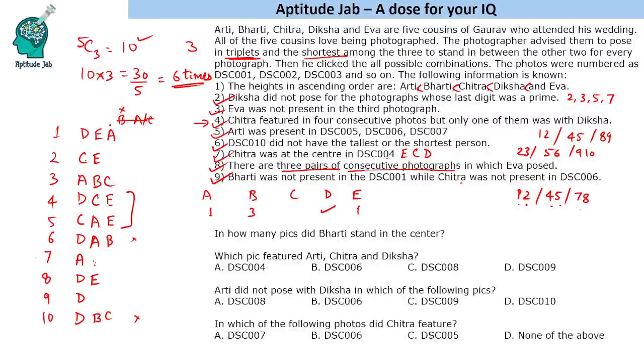Then you have C 1 2 3 4, so C has two photos left. So we have to place 7 things. Let us recheck. E has 1 2 3 4 5, one is left. A 1 2 3 4 5, one of A is left. C 1 2 3 4 5, oh, only one of C is left too. So we have to fit B 3 times, C 1 time, and basically all others 1 time.